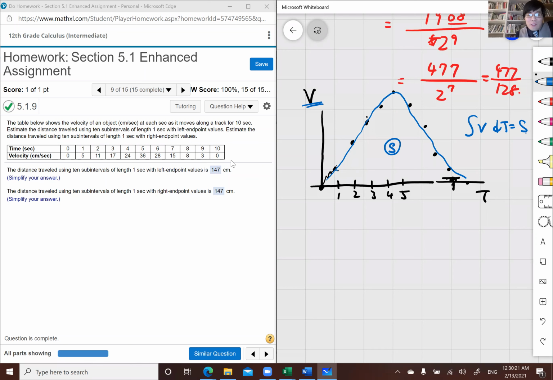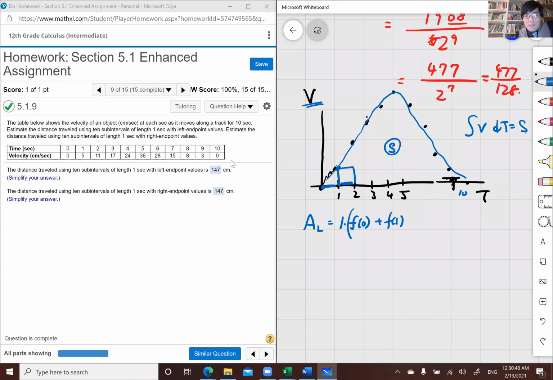Well, first of all, we use 10 intervals with left endpoint. So in that case, the first rectangle has a length of 1 times the height at 0. Okay. And the second interval length is 1 and height is f of 1. Okay.